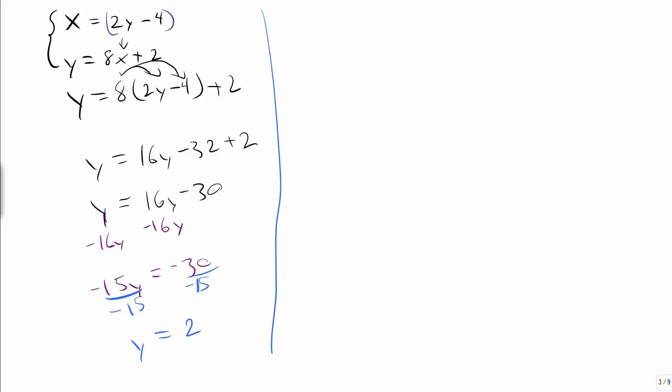Now remember, don't pat yourself on the back yet, because I need to know what x is too. So I'm going to take y equals 2, one part of my answer, and put it in for y in this equation. So I put 2 where I see y. So x equals 2 times 2 minus 4. I don't need these parentheses anymore.